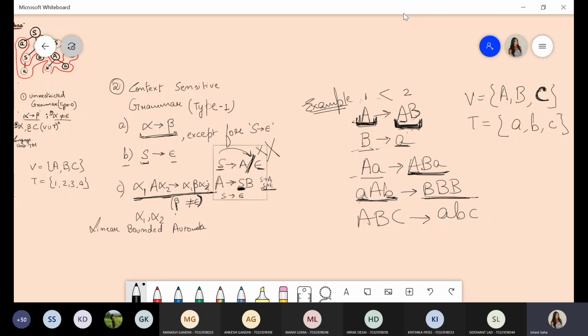Or what is the associated automata that can recognize a regular language? So you have to remember it in this way. That's why I have made you write linear bounded automata for context sensitive grammar. But I'm telling you that even a Turing machine, you should know this thing, that a Turing machine can solve languages of this restriction, that is type 1 grammar.